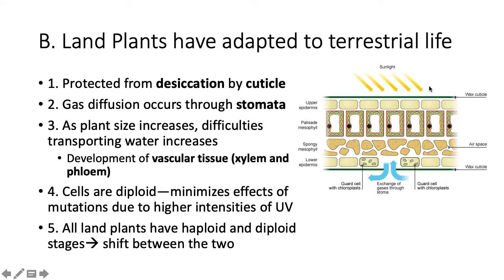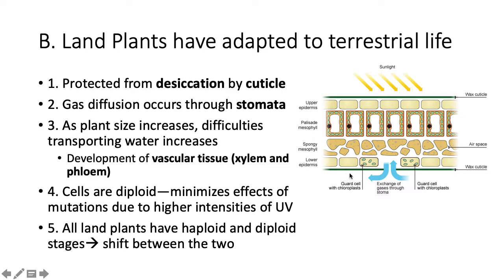Well, plants developed a cuticle, a waxy substance on the outside that slows water loss and still allows light to come through. But if you're covering your entire plant body with cuticle, how do you get gas exchange for cellular respiration and photosynthesis? You have to take in CO2 and release oxygen.